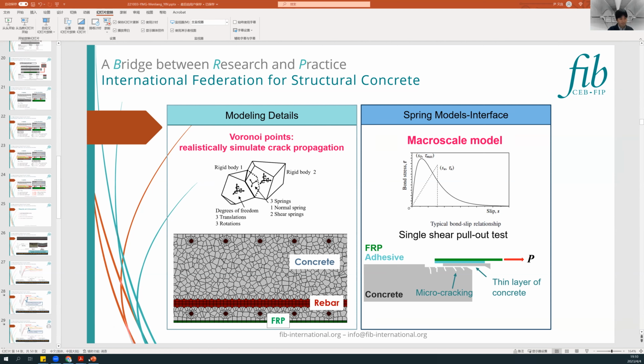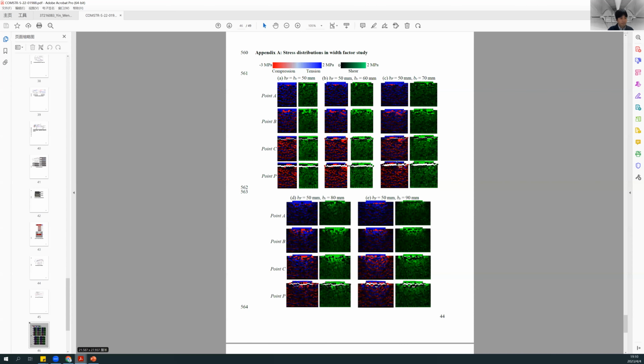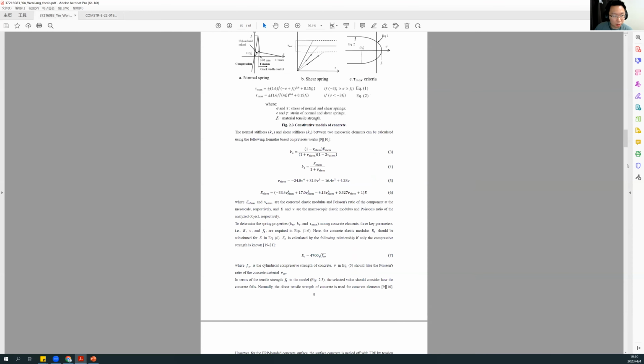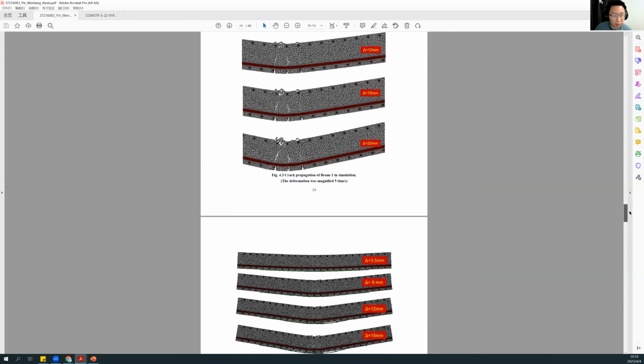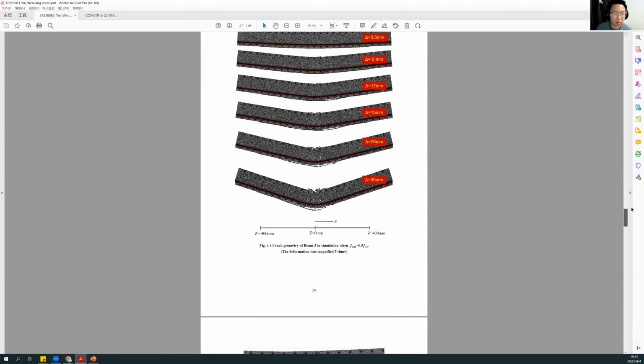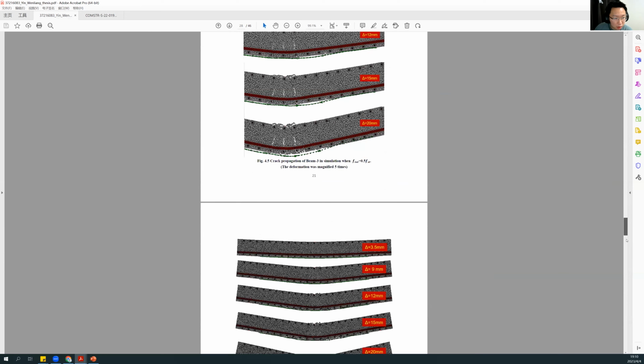Okay, thank you. So based on this experiment, I use F interface equal to FST, so that two kinds of debonding happen: the concrete peeling off and the FRP detached. Okay, thank you.